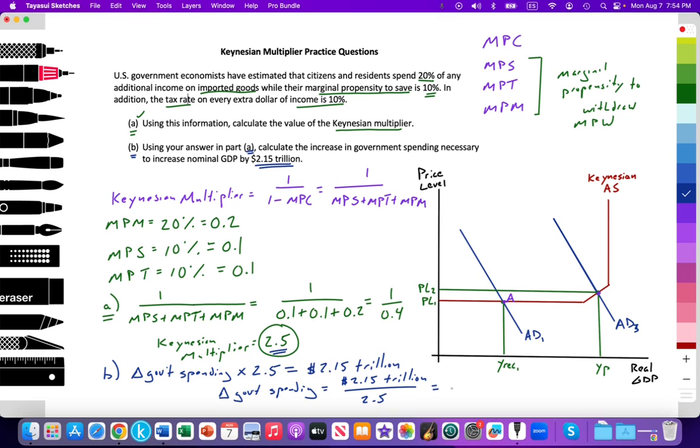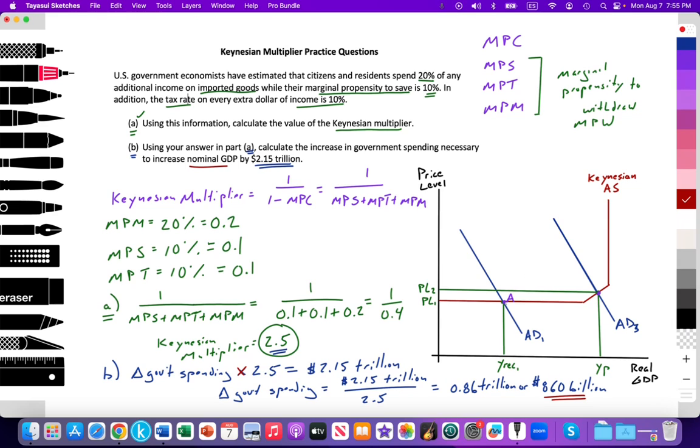And that is going to be 0.86 trillion, or we can say 860 billion. Okay, so that's what your answer would be. The government spending needed is 860 billion, and it will be multiplied by 2.5 to achieve $2.15 trillion of total increase in nominal GDP.